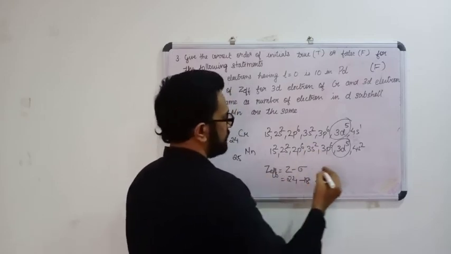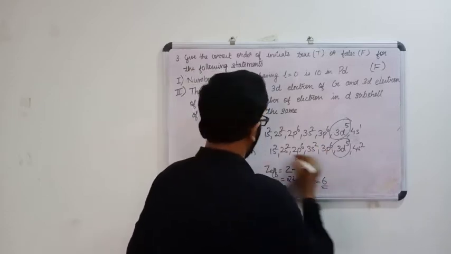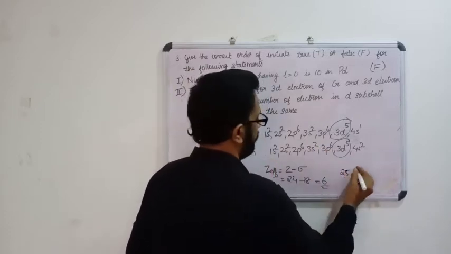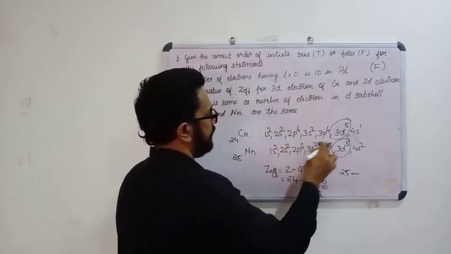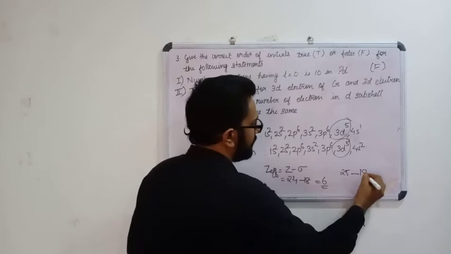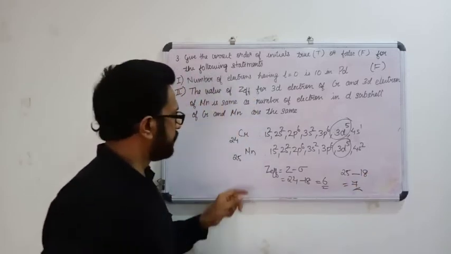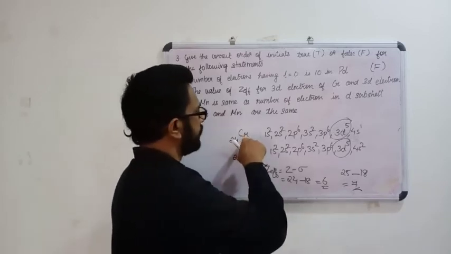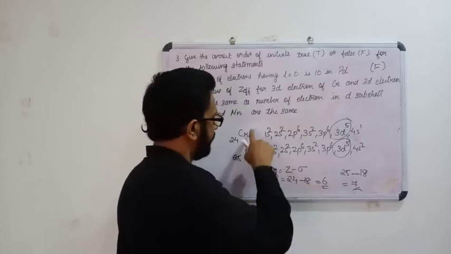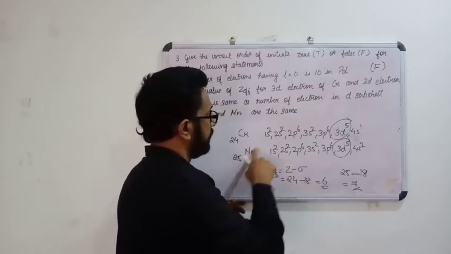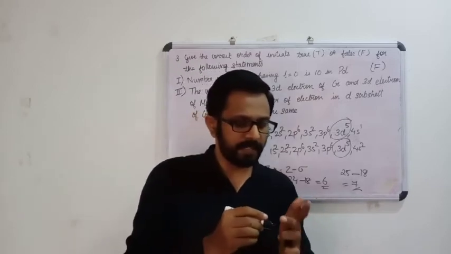Now we will consider the effective nuclear charge for manganese. For manganese, the number of protons is 25, minus the number of inner electrons, which is the same 18. So it is 7. The effective nuclear charge for the 3d electron of chromium is 6, and for the 3d electron of manganese is 7. What was given in the question?